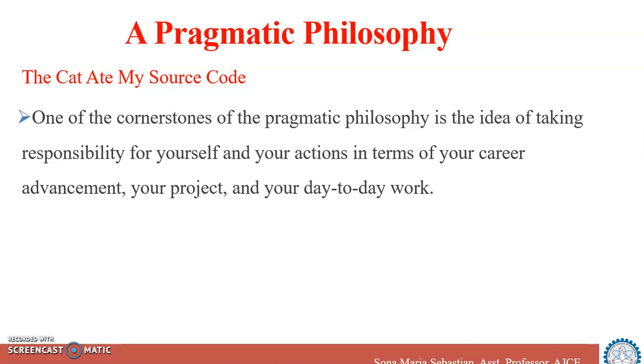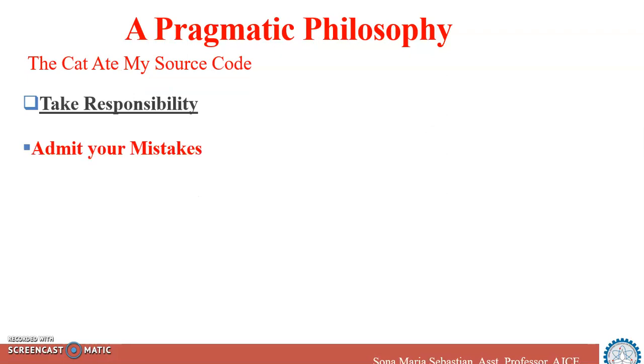So, what does take responsibility mean? It simply means you should take responsibility for all things you have done. And if you make any mistake, you have to admit your ignorance or error. That is, admit your mistakes.